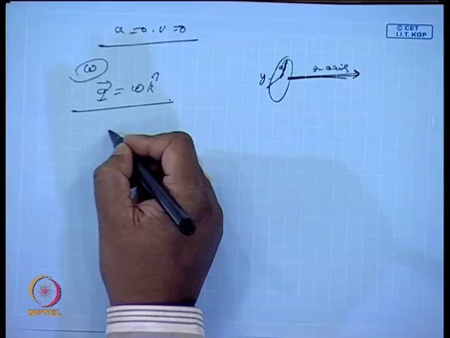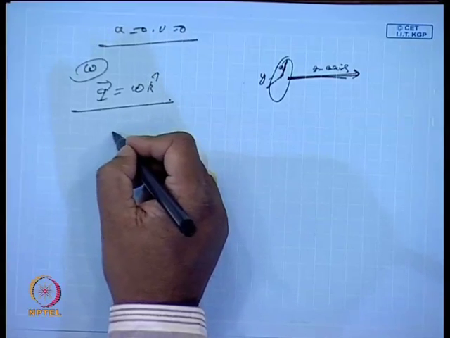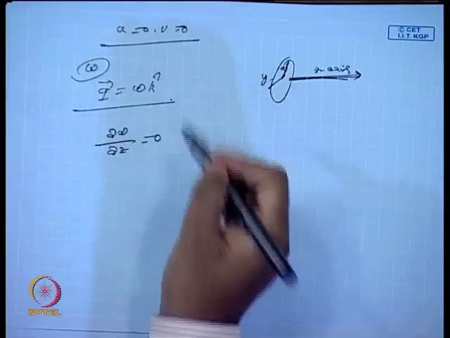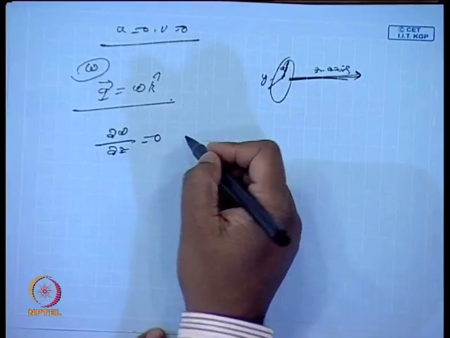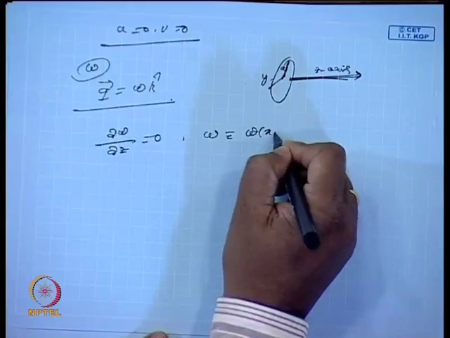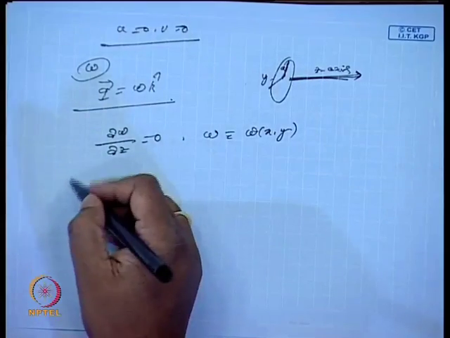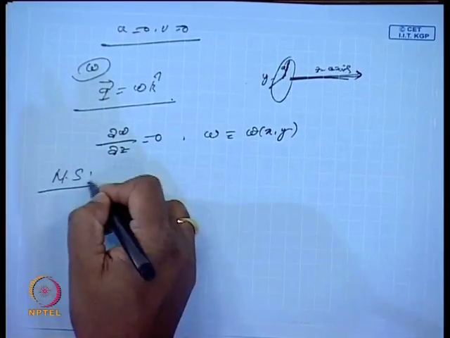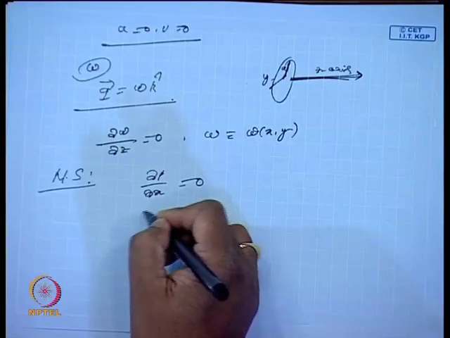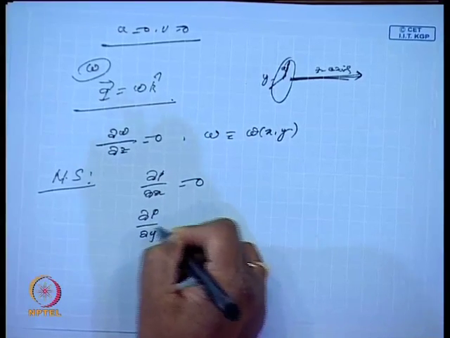Then the equation of continuity gives me del w by del z is 0, because u is 0 and v is 0, and del w by del z being 0 gives me w as a function of x and y. In a similar way, if I go to the Navier-Stokes equation of motion, I will have del p by del x is 0, because u is 0, and del p by del y is 0, because v is 0.